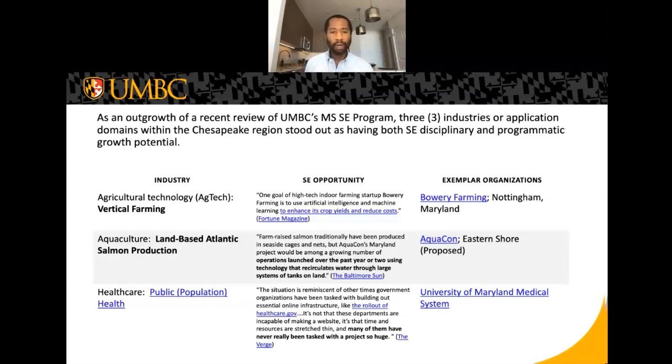And an exemplar organization regionally is Aquacon, with a planned facility on the Eastern Shore. Some issues right now in terms of permitting. I'm following them quite a bit because they do have some connections from a research perspective to UMBC, but I think they're overcoming those hurdles and have a planned huge facility on the Eastern Shore.